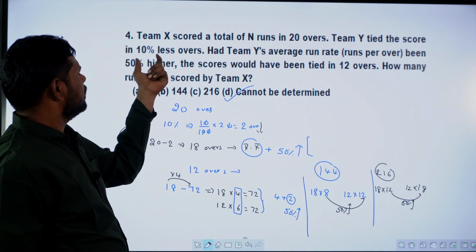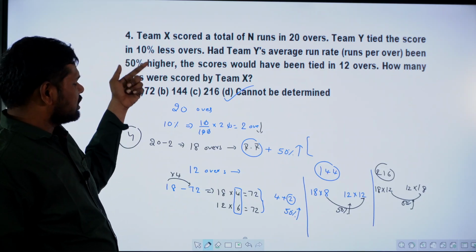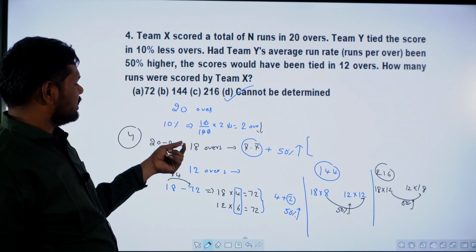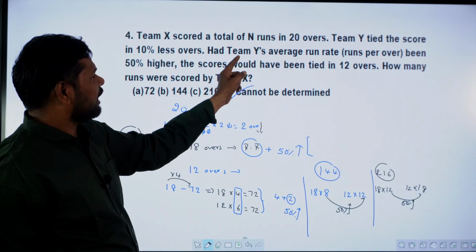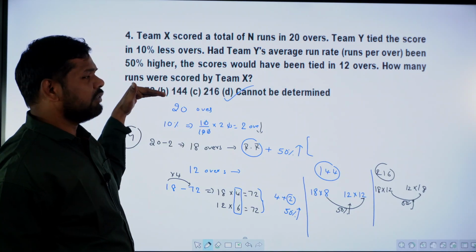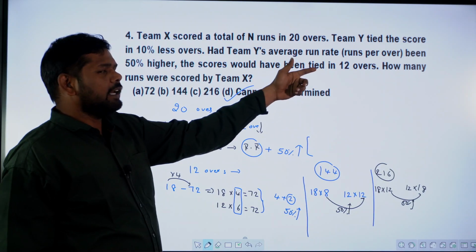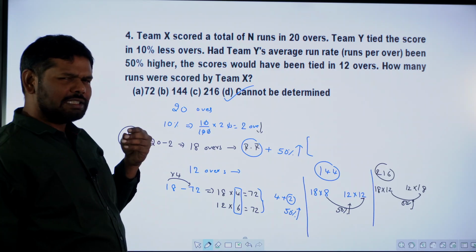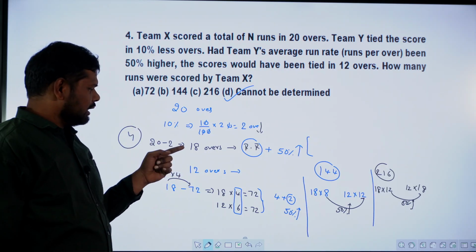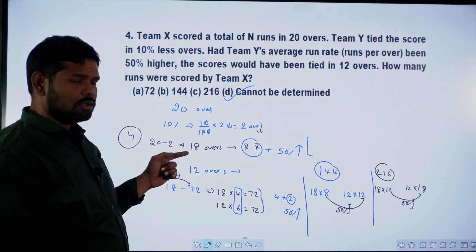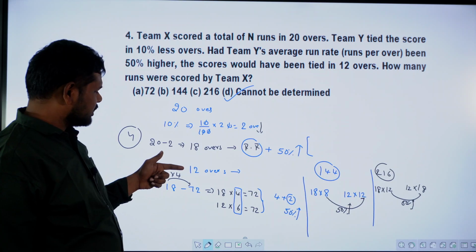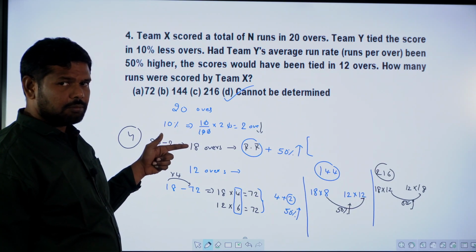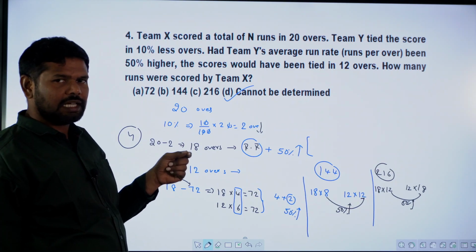But Team Y tied in 10% fewer overs, which definitely means 18 overs. Had Team Y's average run rate been 50% higher, it would have tied in 12 overs. So definitely that is the actual condition. Observe 18 and 12: 6 twos, 6 threes, multiples of 6. So the 2 and 3 variation is exactly 50%.